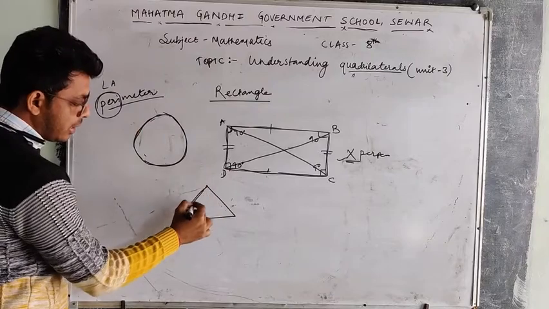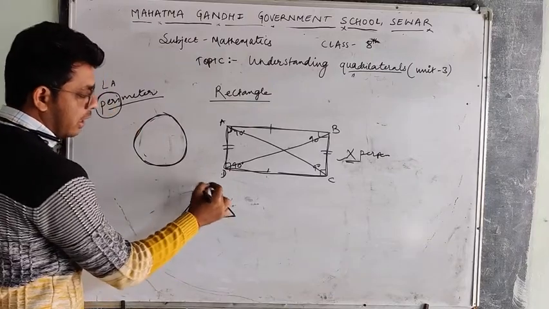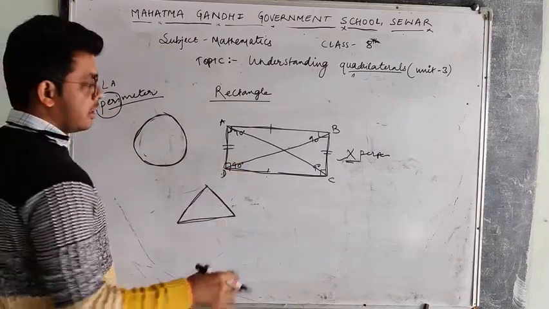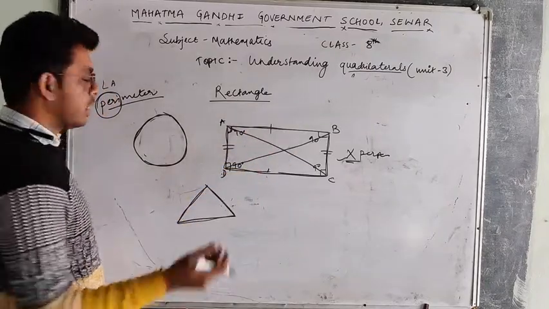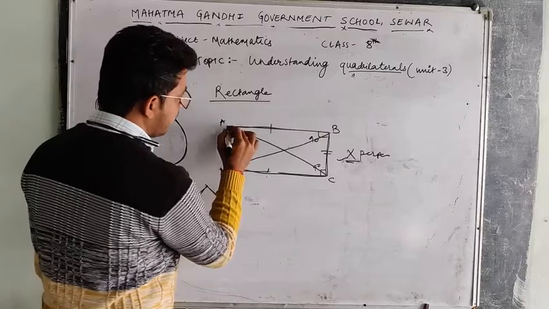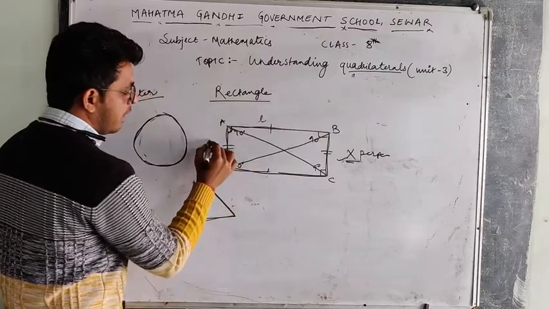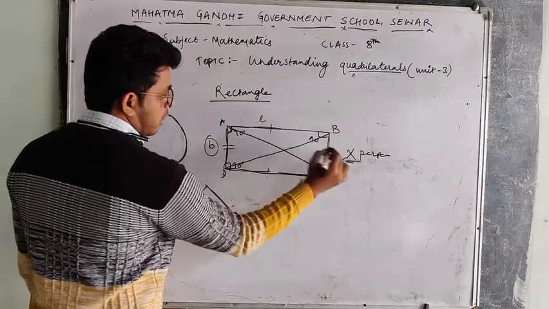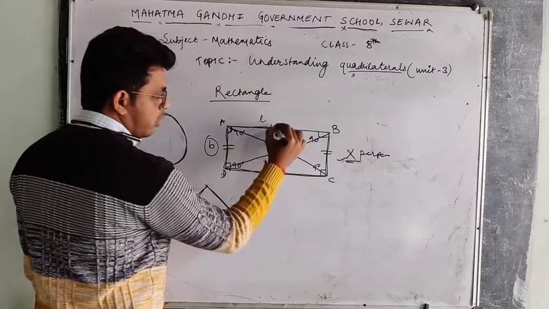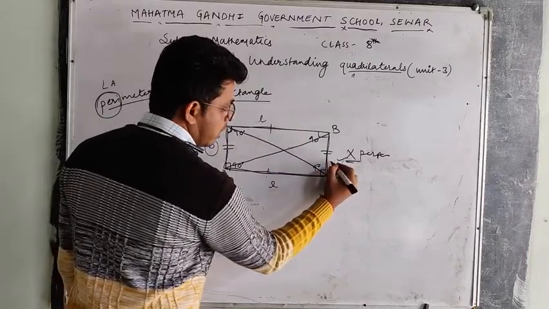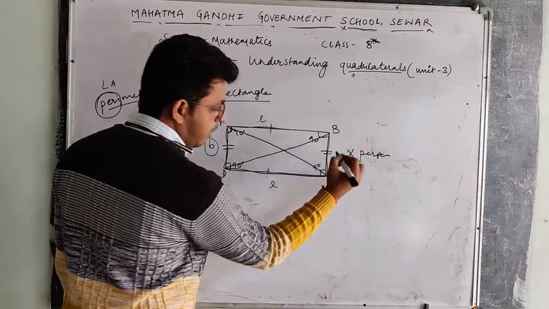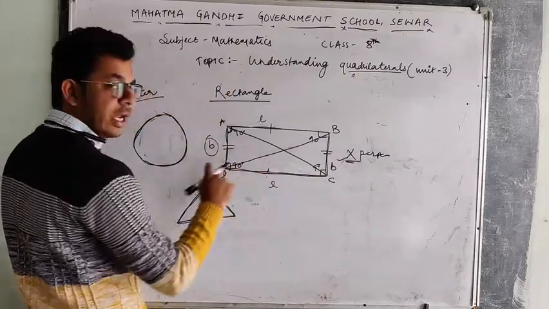In a triangle, this will be the perimeter. If I calculate this structure's length, then we will calculate the perimeter. If I name this L and this B, because this is equal and parallel to this, it will become L, and this is also equal and parallel to this, it will become B. So we have 2L and 2B.